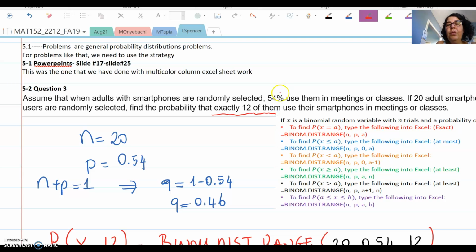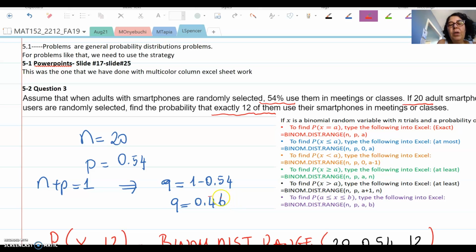So first you write down those values as what they mean. We have 20 adults, that's our n, the sample size, and 54%, that will be our p. Consequently, q will be 1 minus p, which is 0.46.